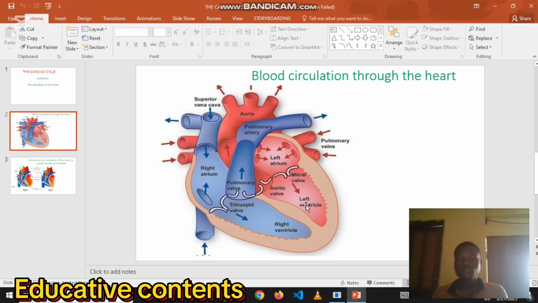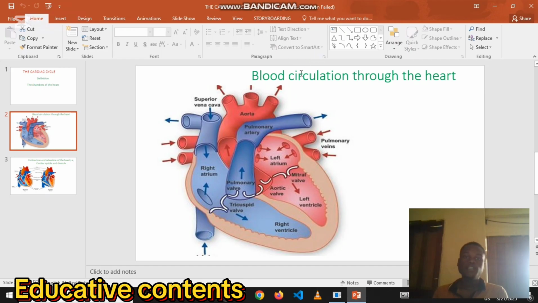When that happens, the mitral valve closes so that blood will not flow back to the left atrium. So when the left ventricle contracts, the left semilunar valve, which we call the aortic valve, will open so that oxygenated blood can leave the left ventricle, pass through the aorta and supply the other parts of the body.